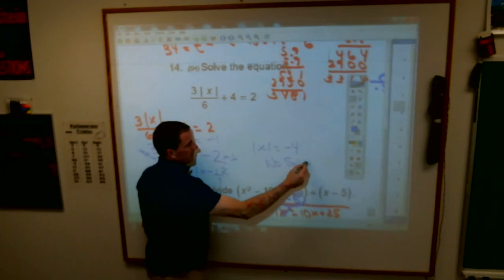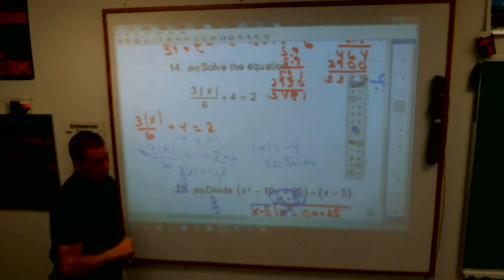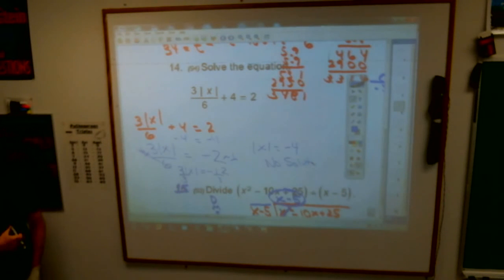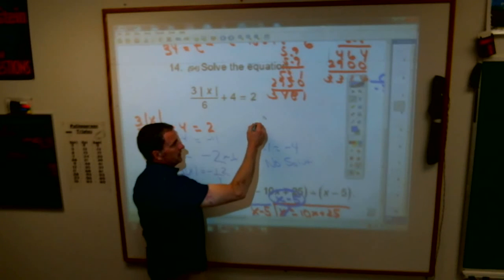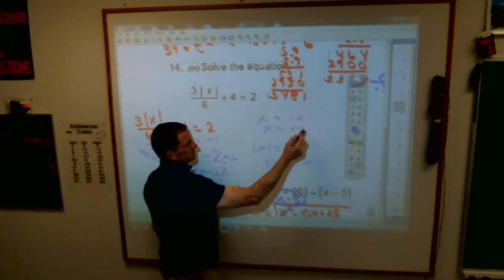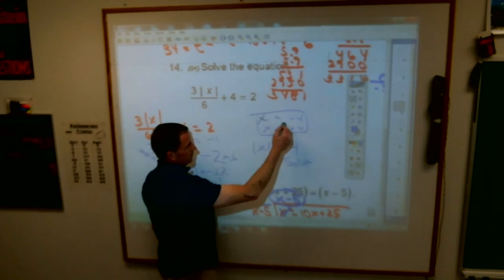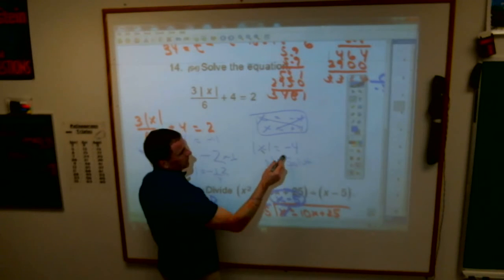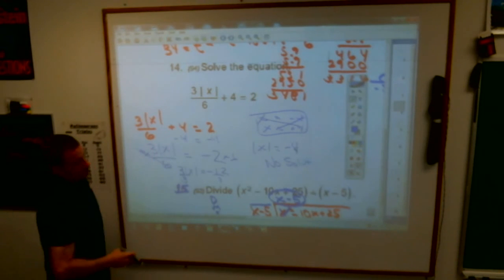You cannot get an absolute value of a negative number. So at that point you can just stop. Otherwise, what you would have done was taken what it equaled, and then done the same thing with its opposite. But you can't, because no matter what I put in the absolute value sign, I'm going to get a positive there.